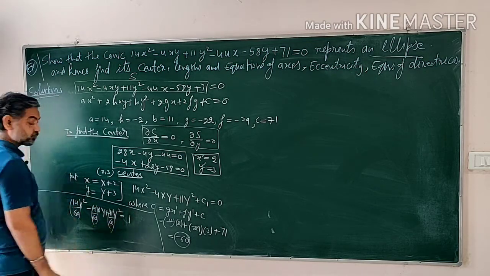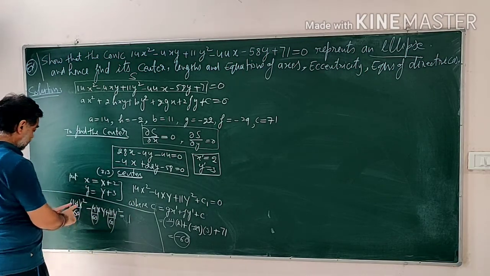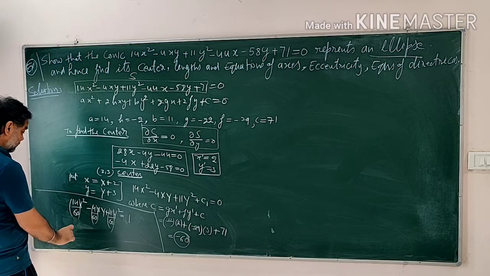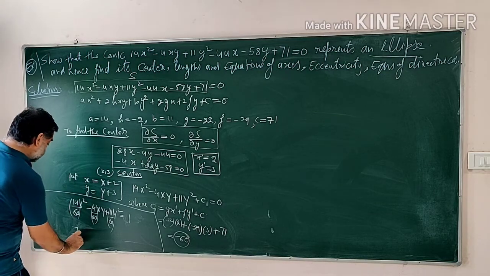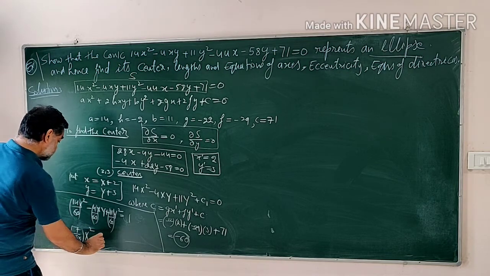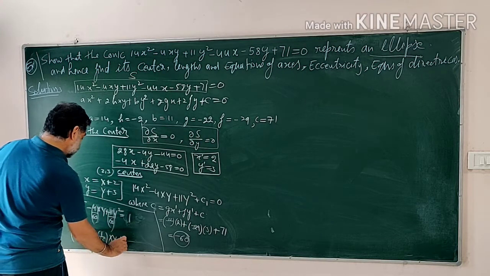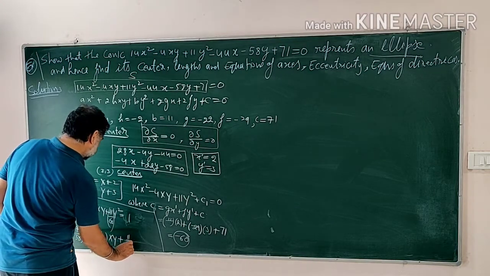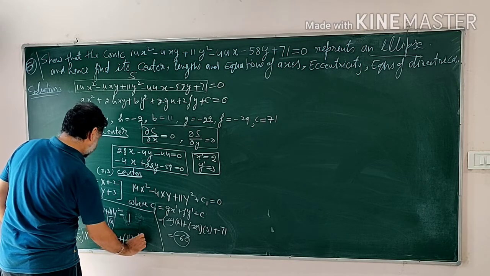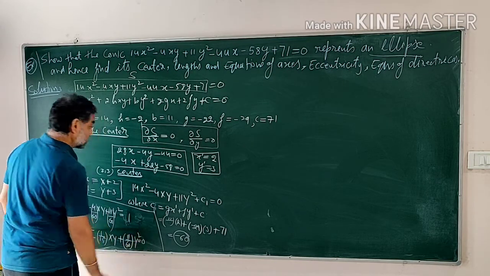This can be written in this form. So we can rewrite this equation as 7/30 X² − 1/15 XY + 11/60 Y² = 1.